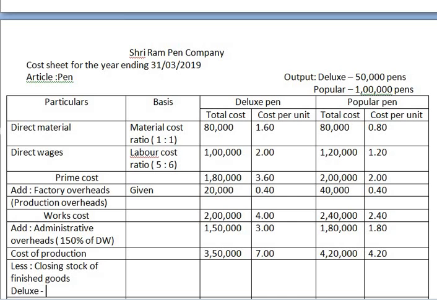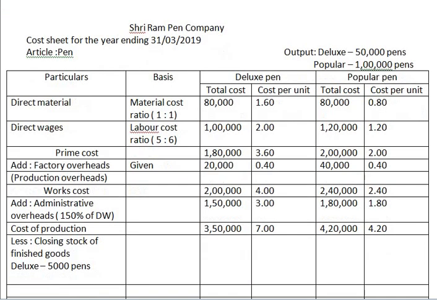Deluxe is 5,000 pens and popular is 10,000 pens. Understood everyone? How we got this? Now, always closing stock of finished goods will be valued at cost of production. It will be valued at cost of production.